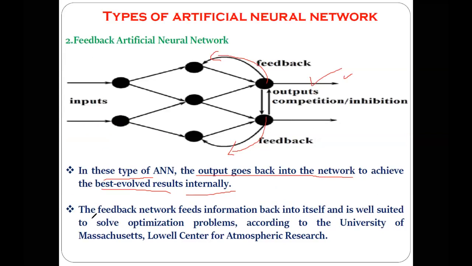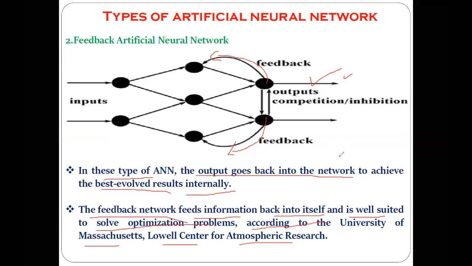Here I have mentioned the feedback network feeds the information back into itself, and is well suited to solve optimization problems, according to the University of Massachusetts. The research was done at the University of Massachusetts Lowell Center for Atmospheric Research, where it was proved that this method of sending the signal back repeatedly can help the network learn things better.